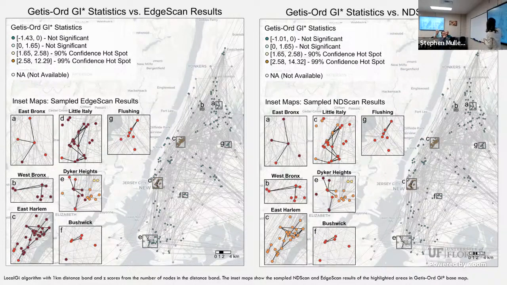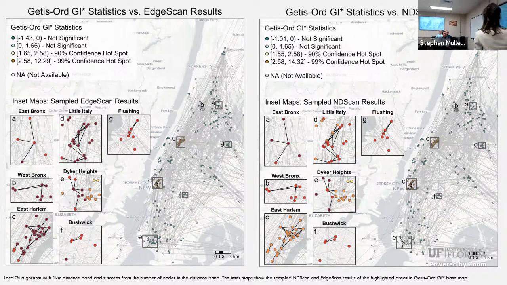At 99% confidence, we did have something like Little Italy and East Harlem. So those were coordinated, and they're both very important in the more traditional metrics and in our metrics. But if we were looking at little clusters of where we wanted to see connections between people, the traditional dot density scan methods are not as applicable when you're looking at whether interpersonal relationships are close by.